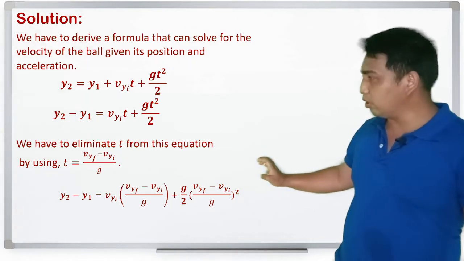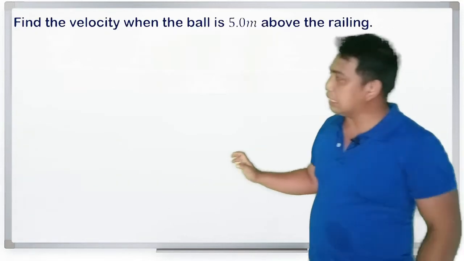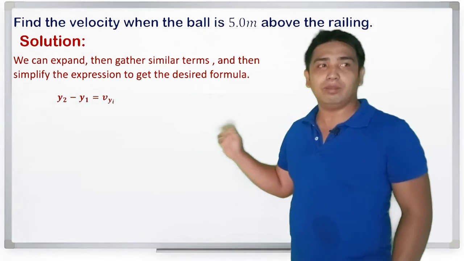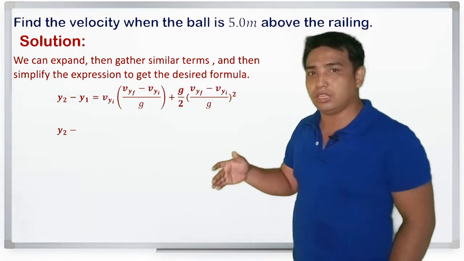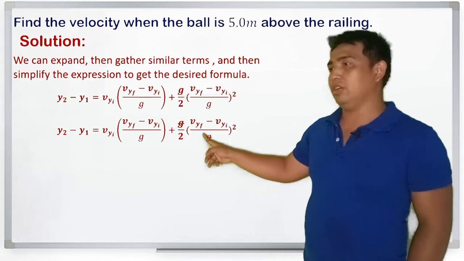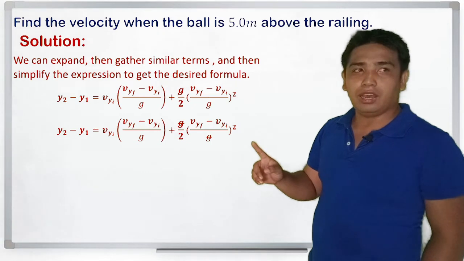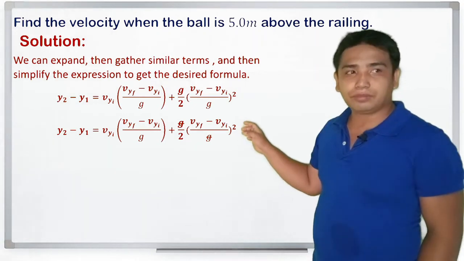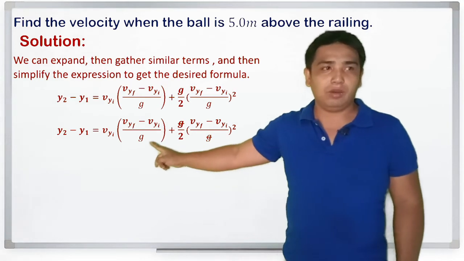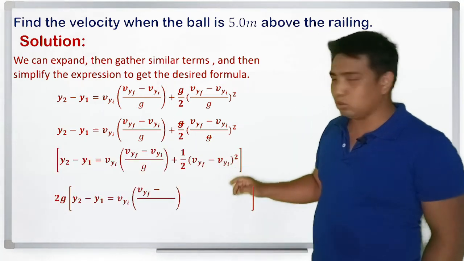Alright, so we are going to simplify this one. By cancelling the innermost possible terms, or similar terms in the innermost part of the equation, you will see that's going to be g here and g here. So g over g is 1, and then you will see that on the denominator we have g here and we have 2 here, so we can cross multiply both sides by 2g.